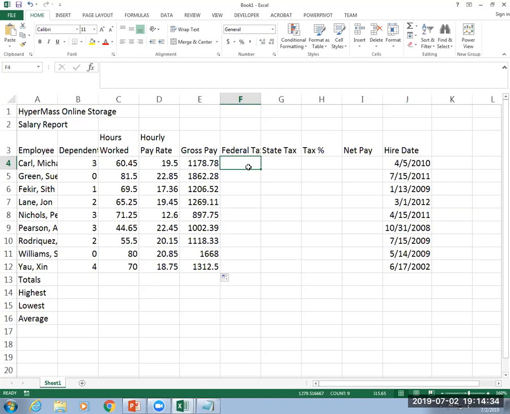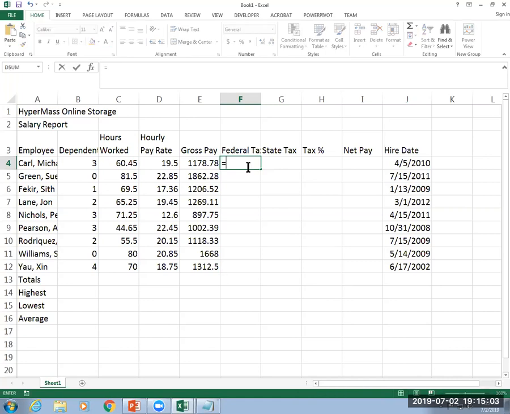So the calculation for federal tax is going to be 0.22 times the quantity of the gross pay minus the dependents times 24.32.